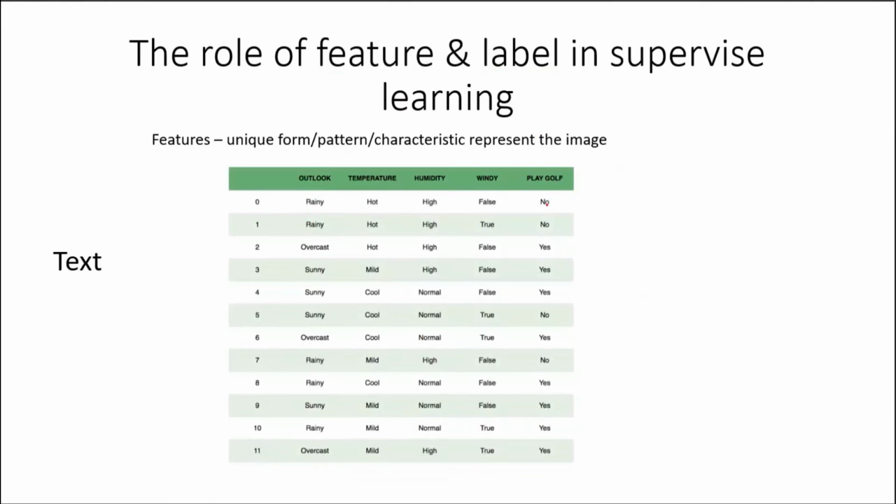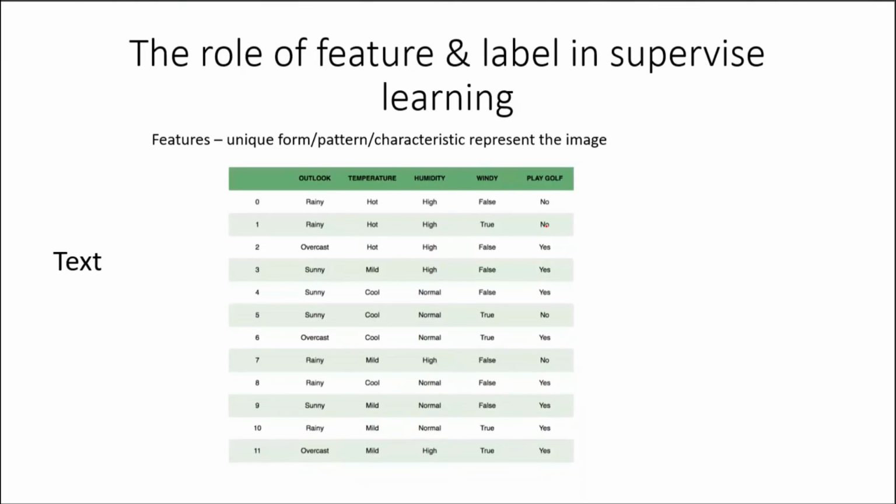Play golf, yes or no. So the label basically is only two. We only classify into two: yes or no, that's it. Yes or no, play golf. Yes mean you can play, no mean you cannot play.